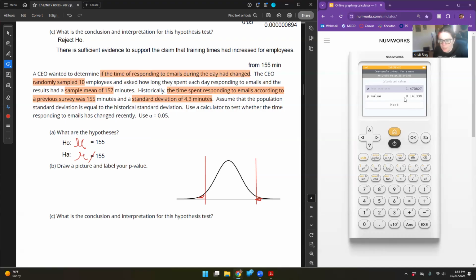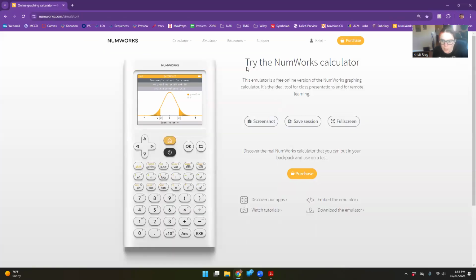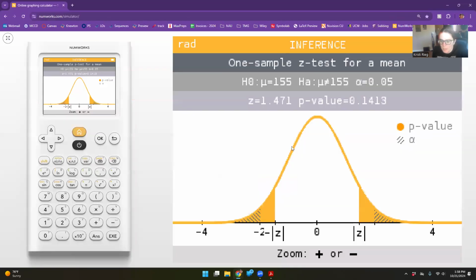And our p-value is 0.141. We'll see that on the next screen. And so let me hit OK. Yes. Next. So let's just zoom into this real quick to talk about what's going on, and then we will draw it. So here, it's a little easier to see what's going on.